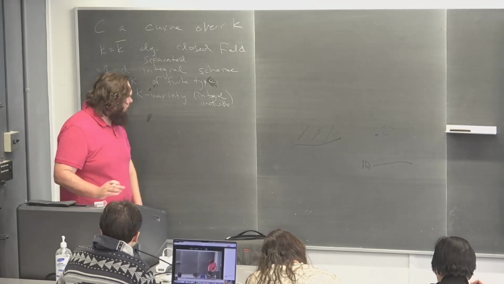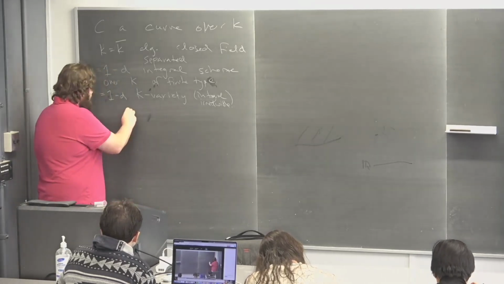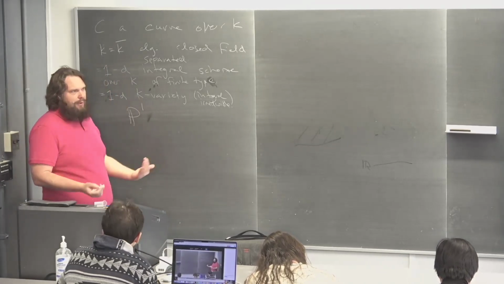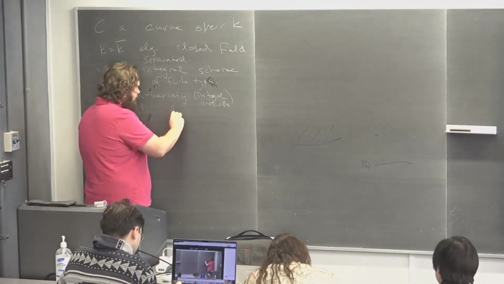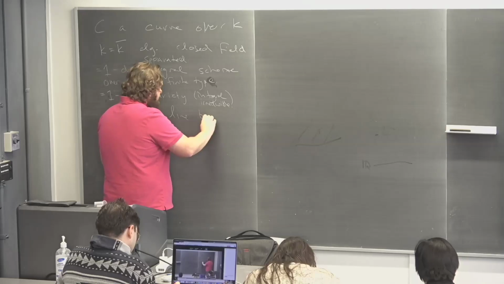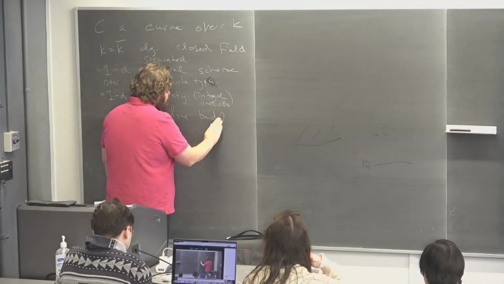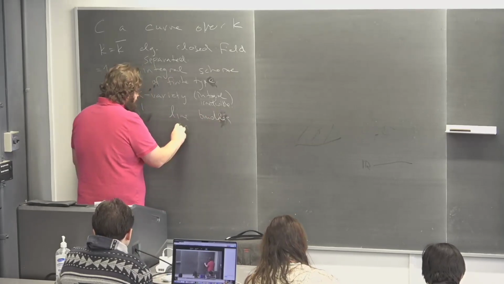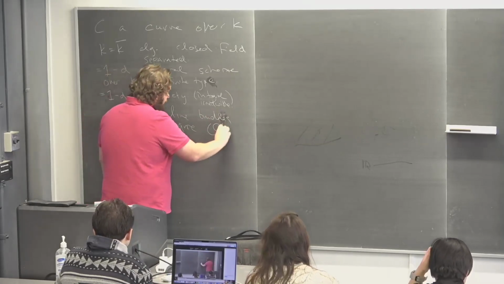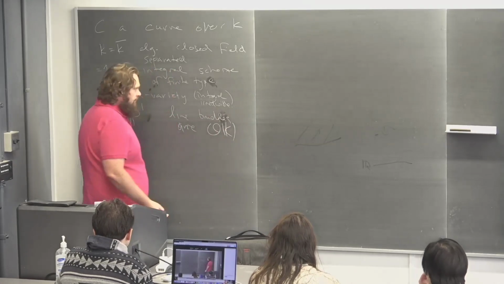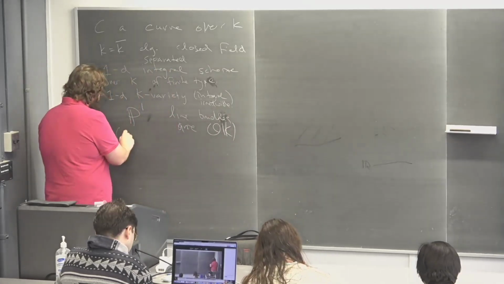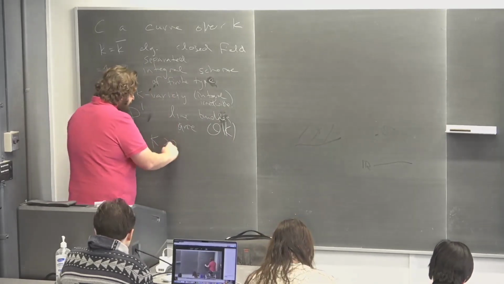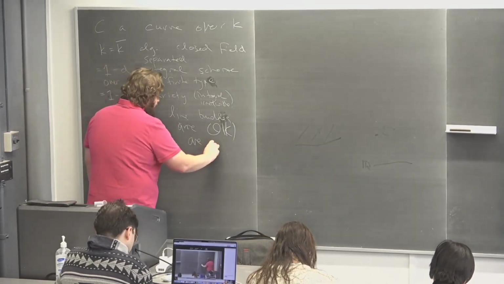Cool. So we know one very important example of such a thing, which is P1. But we've already talked about P1. We know all the line bundles. They're all of the form O of k. And we know that O of k for k positive are all very ample.